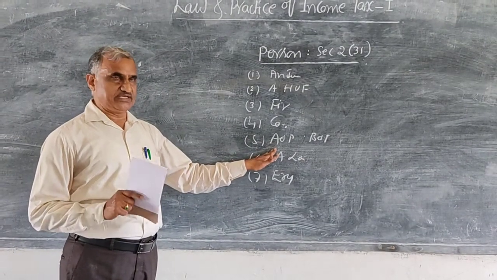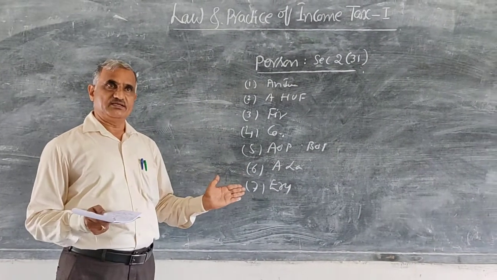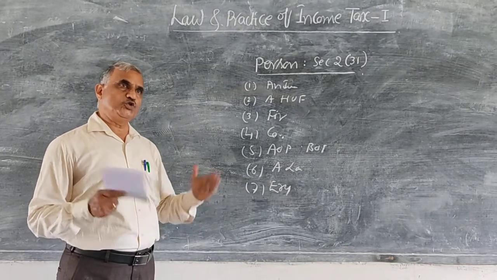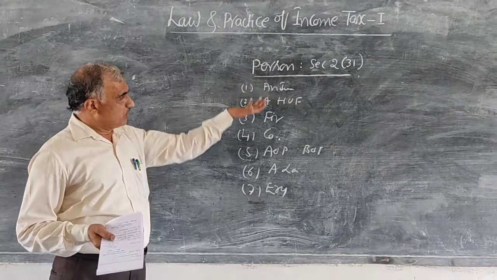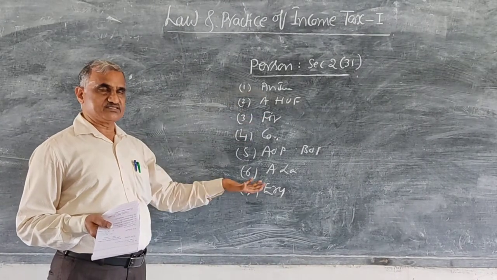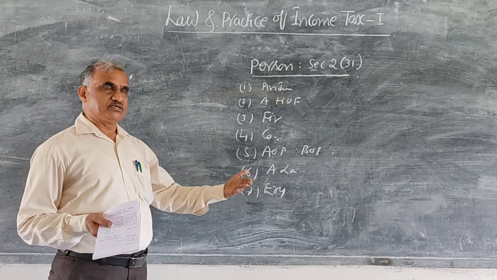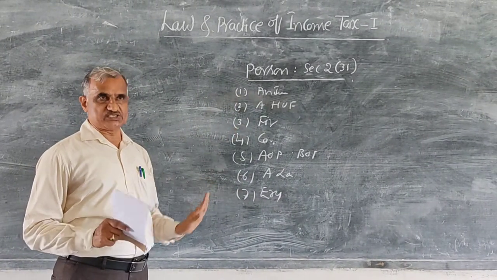And you have to observe here that an association of persons may contain human beings and non-human beings also, because as per section 2(31), all these are called persons. When all these are persons, association of persons may include human beings or non-human beings also.